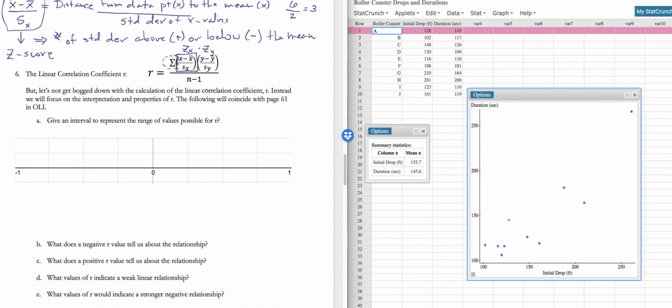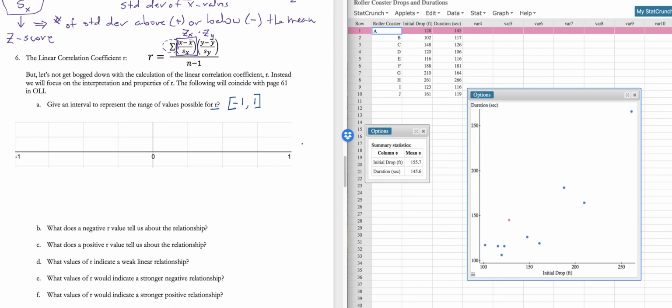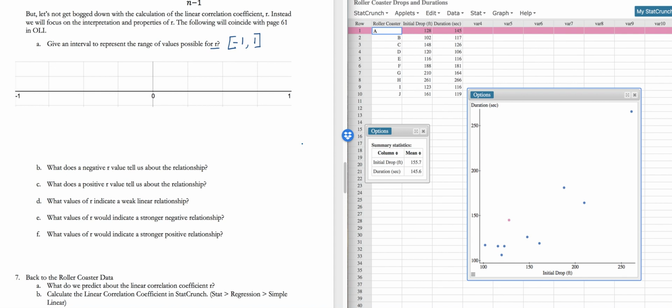When you work this formula, it turns out that the R values must come out in the interval from -1 to +1. And I use the square brackets here because the R value could equal those endpoints. If the R value is exactly equal to +1, we say that we have perfect positive correlation.